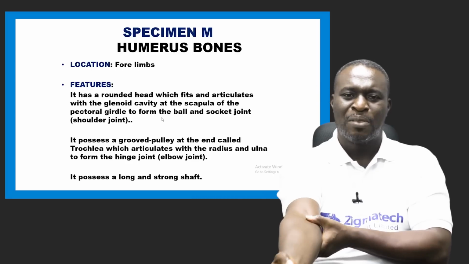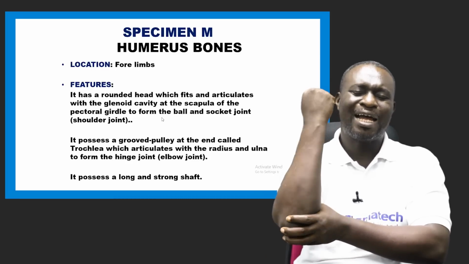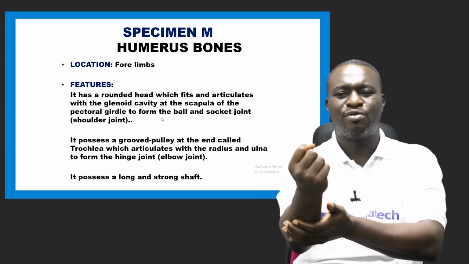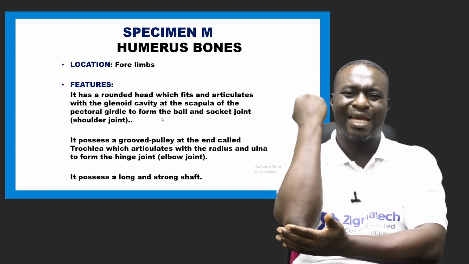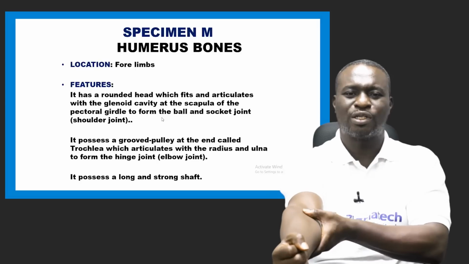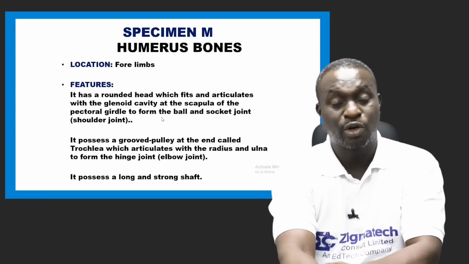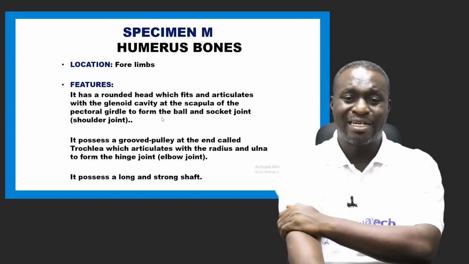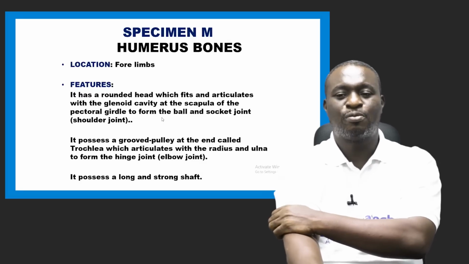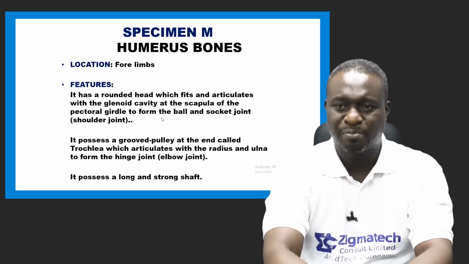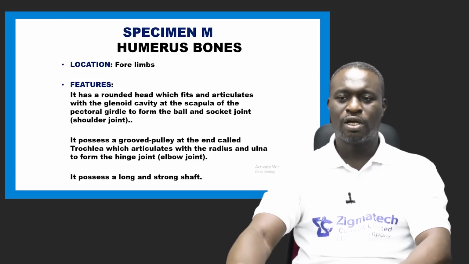The type of hinge joint that is formed by the humerus and the radius and ulna is called the elbow joint. And also finally, I said that the humerus possesses a long and strong shaft.